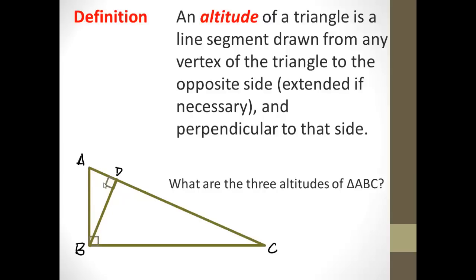Okay, what happens is you've got one altitude, segment BD, and then the other two are actually sides. So segment CB is an altitude, and segment AB is also an altitude. So something to keep in mind with right triangles, two of the sides of the triangle will actually form the altitudes.